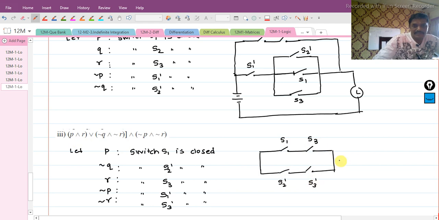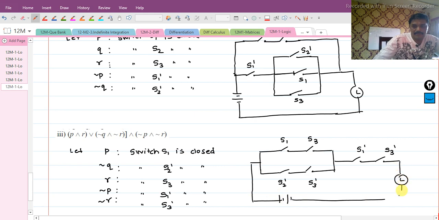This combination is in series with series of negation P. Negation P मतलब S1 dash and S3 dash. Is that clear? और यहाँ पर बैटरी लगा दी है. लैंप जहाँ लगाना है वहाँ लगा सकते हैं. That's it. Any doubts about that? समझे? The current is going to flow like this.